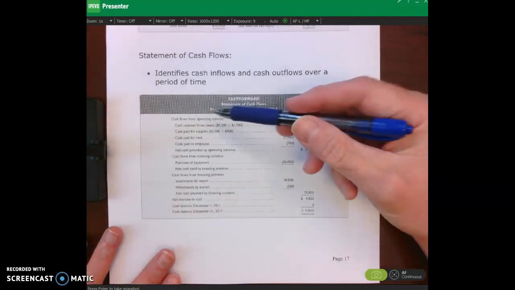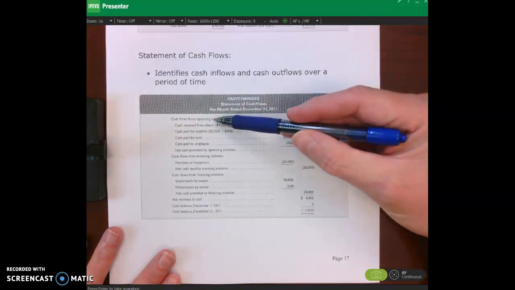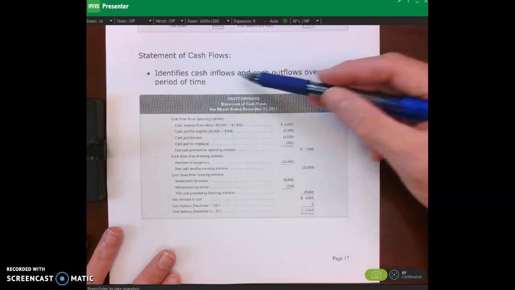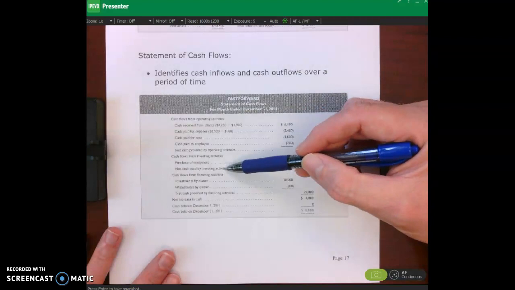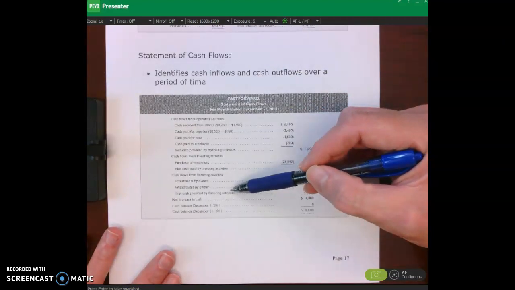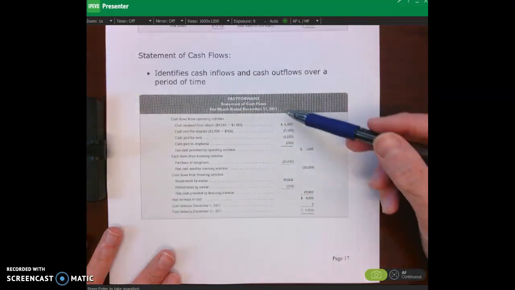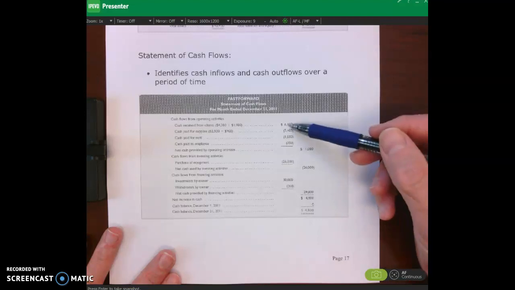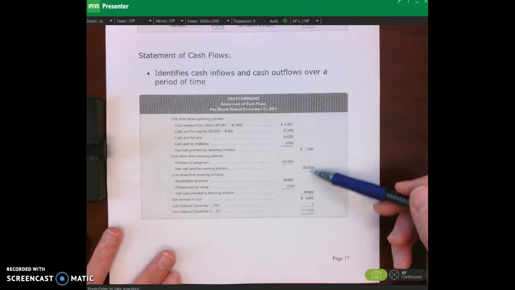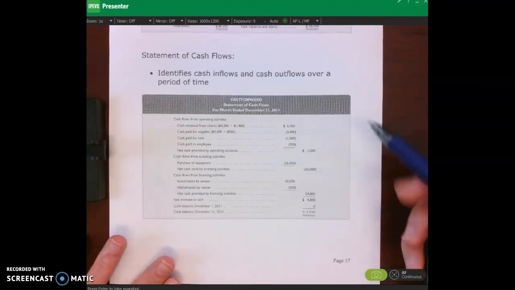So the statement of cash flows divides our cash inflows and cash outflows into operating activities, investing activities, and then financing activities. Our statement of cash flows also shows us our beginning cash, so cash at the beginning of the year, plus our changes in cash. Where do we get our cash from?